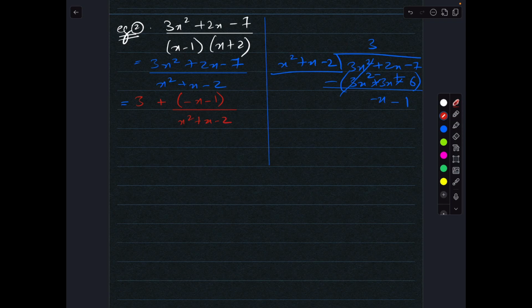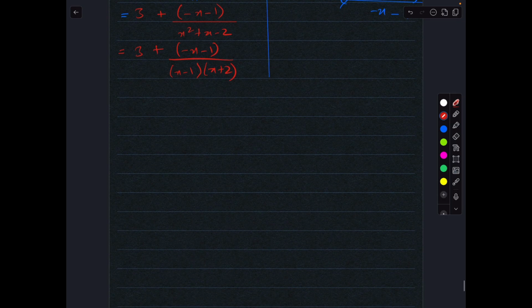So we need not consider the 3 here, but we need to consider the partial fraction, and x squared plus x minus 2 can be rewritten in the factorized form. That's why I made the arrow. So this is what we have, and we can use partial fractions to solve this thing.